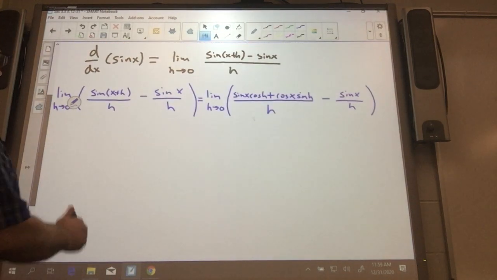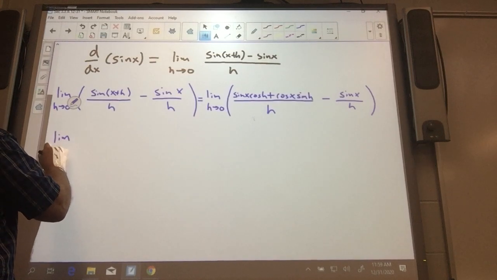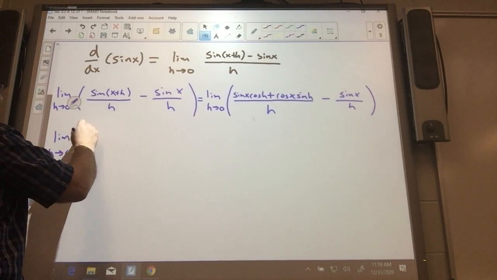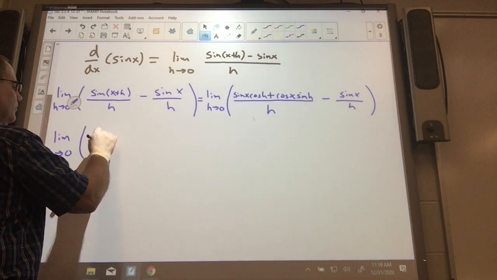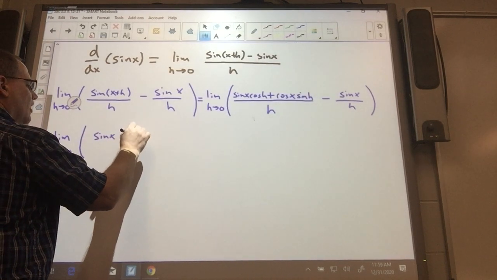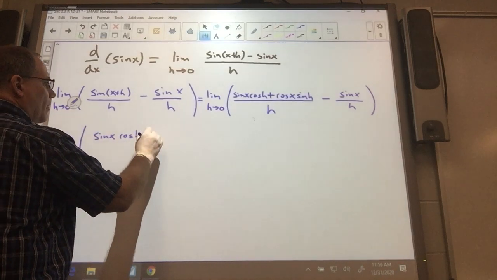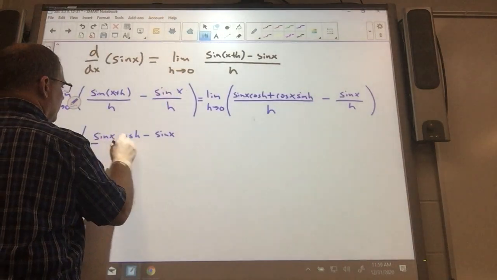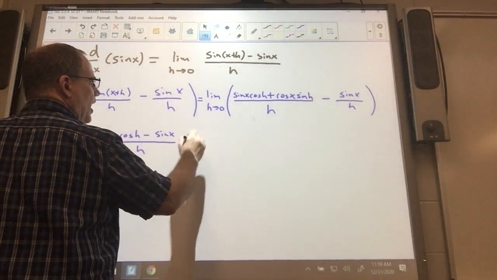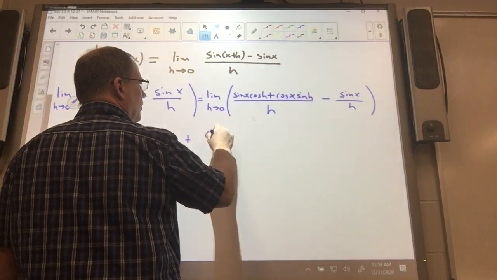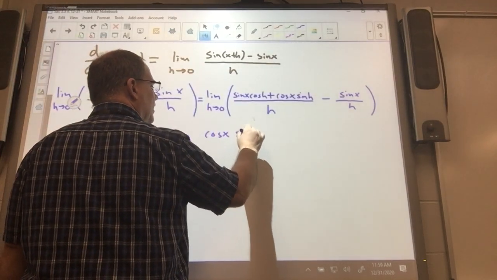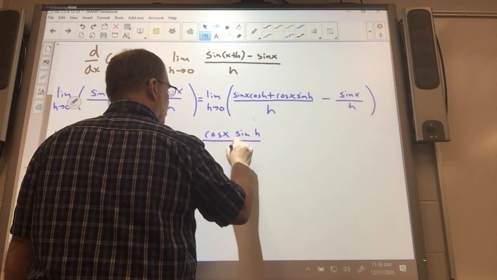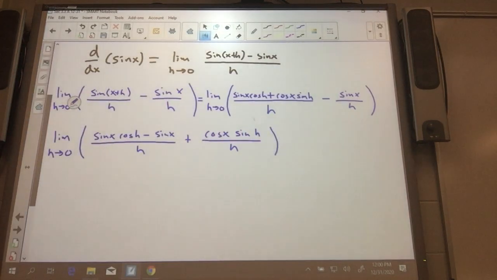When I go through and do that, I'm going to get the limit as h approaches 0 of the quantity, the sine of x cosine of h, minus the sine of x from right there, and this is all over h, plus what's left, the cosine of x sine of h all over h. So just doing a little bit of algebraic manipulation there, but doing it in a couple different steps, okay?